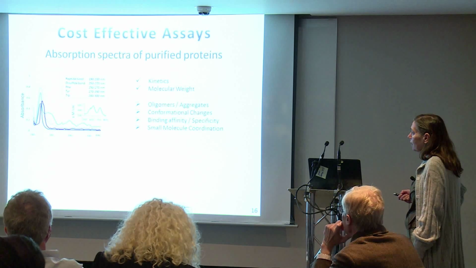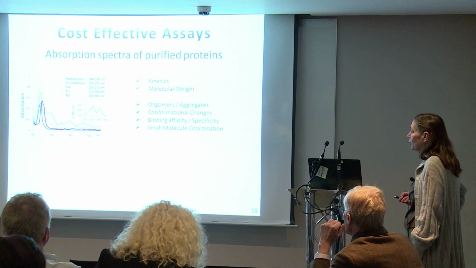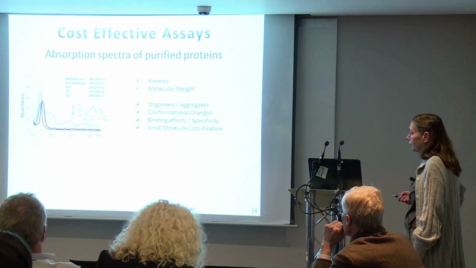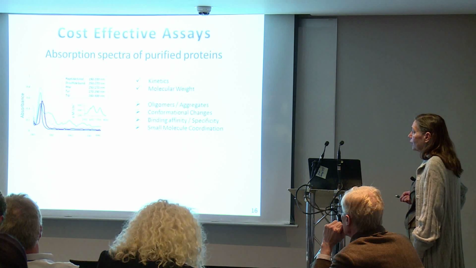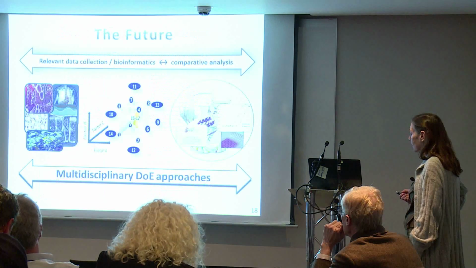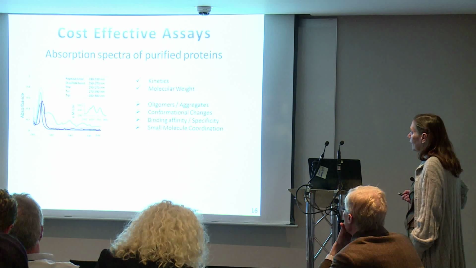In other words, those kinds of techniques could be used to study a lot of properties of the proteins, in addition to kinetics and molecular weight, which we studied in the past.